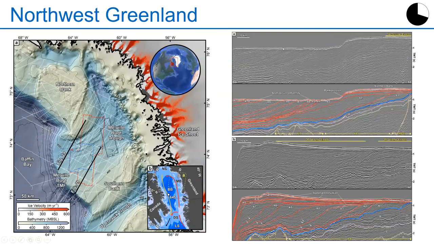So there's a major unconformity at the seafloor here. And then if you compare that to slightly further south, and it's easier to spot on the interpreted profile, you can see that lots of the topsets are preserved. So there's a variation in the preservation of the different units. So in different places, we have different parts of the strata.